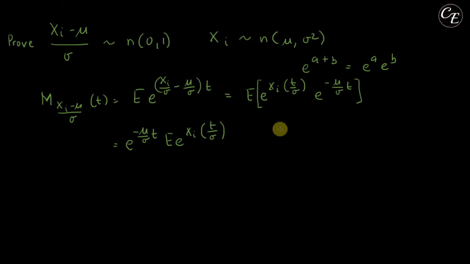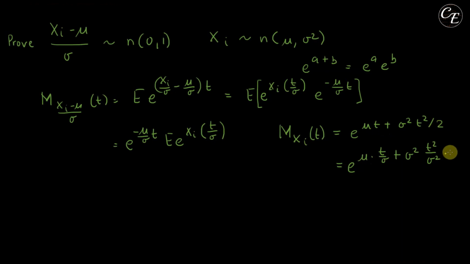We know a normal distribution has a moment generating function e raised to mu t plus sigma squared t squared over 2, and then it is equal to e raised to, let us use this t over sigma for t in here, so we have here mu times t over sigma, then plus sigma squared, then the square of this one, t squared over sigma squared, then over 2.